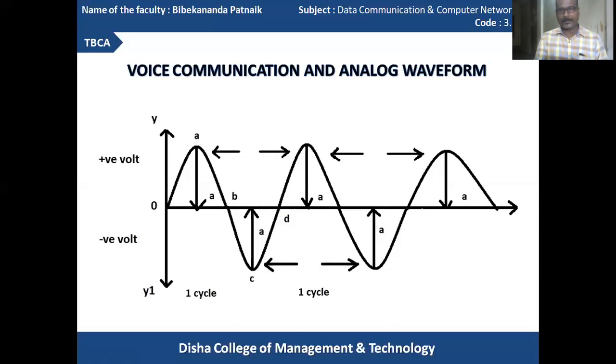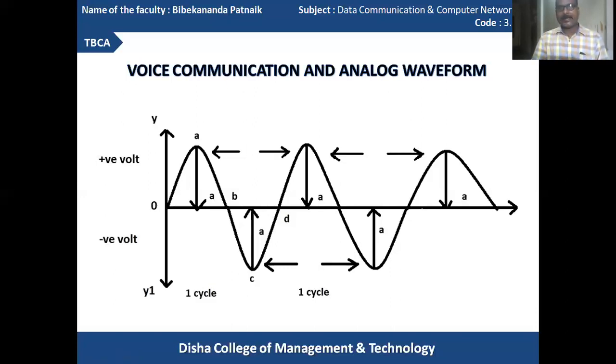The first phase is 0 degree to 90 degree of the cycle, that is A, amplitude. There are certain particular points there, that is A, and this is B, and this is C, D, followed by E, F, and so on.